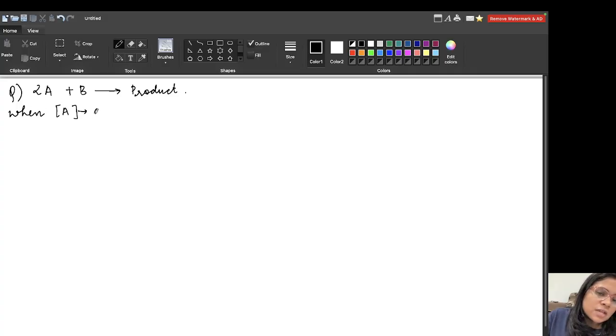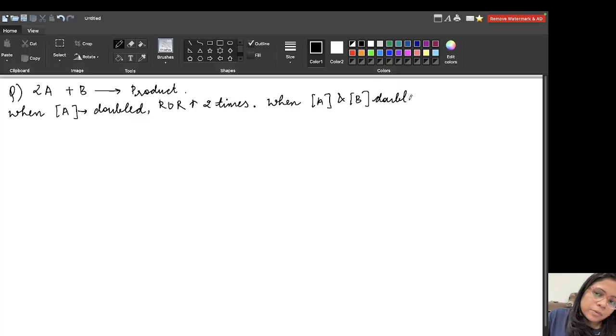When A is doubled alone, the rate of reaction is increasing 2 times. And when both A and B are doubled, the rate of reaction is increasing 8 times.